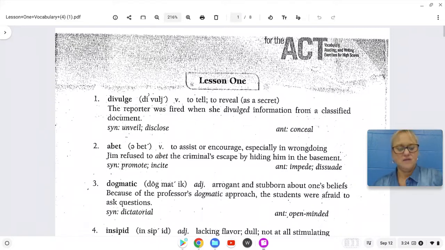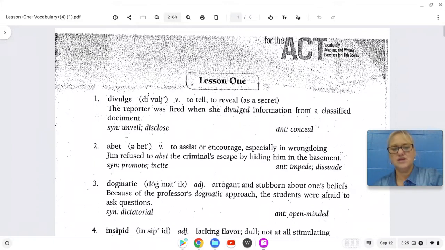So for divulge on the back, it would say something like to tell a secret, and then synonym is disclose, antonym is conceal. If you don't know one of the words, then you want to go to a website that is called dictionary.com. Click on thesaurus. A thesaurus is a dictionary of synonyms, which are words that are the same or similar.